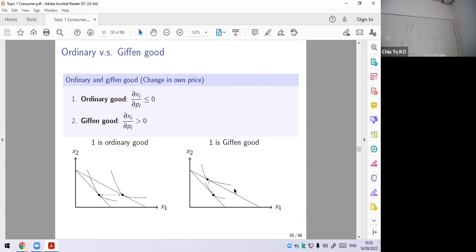Later, when you see the Slutsky equation, this would happen if this is an inferior good and the income effect is so strong. It might happen, so we can't really rule it out. But empirically, we're never able to see this.